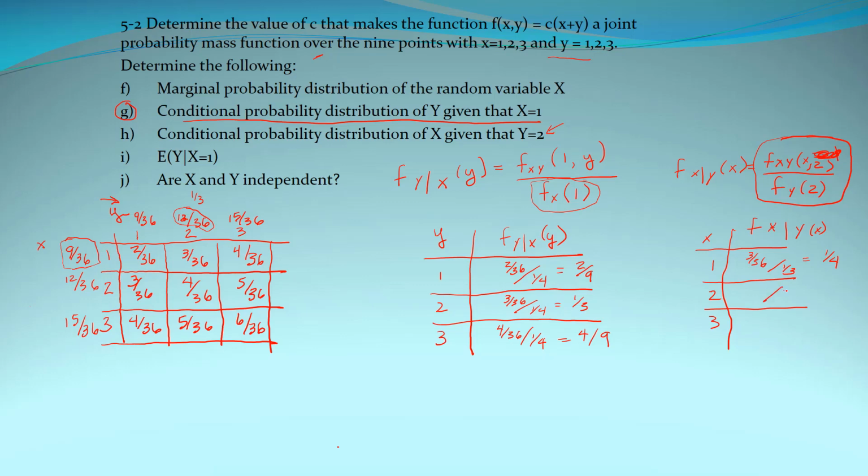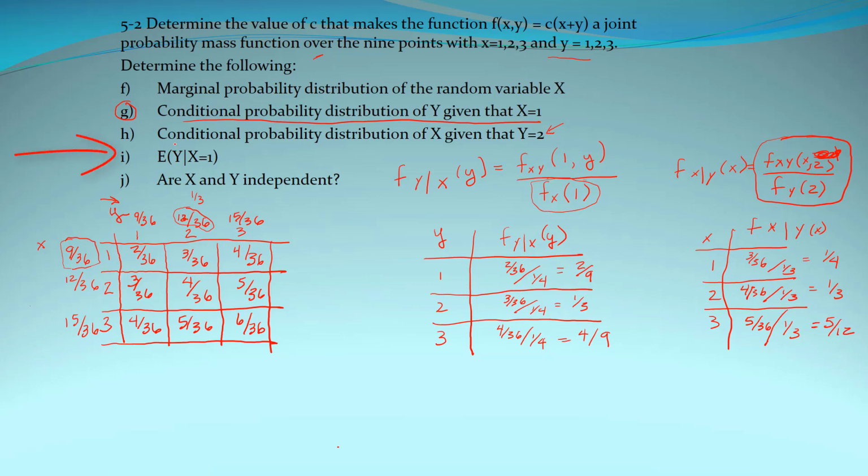And then similarly over 1/3 right here is 4/36. And that becomes 1/3. And then 1/3 of 5/36, right? And that becomes 5/12. So we've got it. There we go.